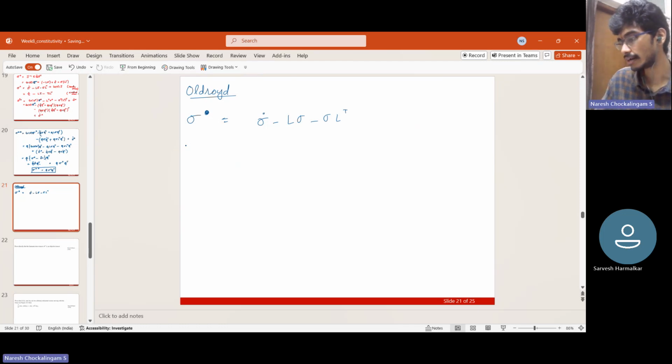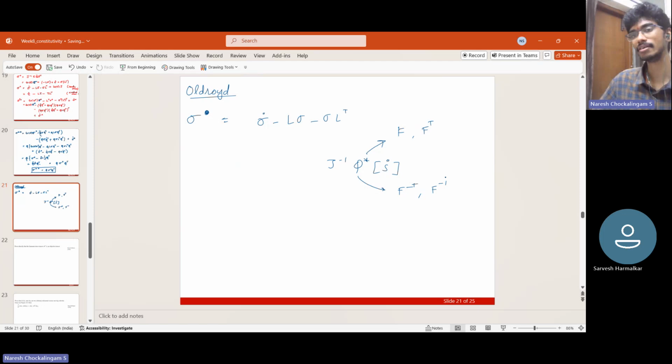Then if we do the pullback and push forward, we define the Truesdell stress rate as J inverse times the push forward of S dot, right? In this push forward we used F and F transpose. We can also do the same push forward with F inverse transpose and F inverse.